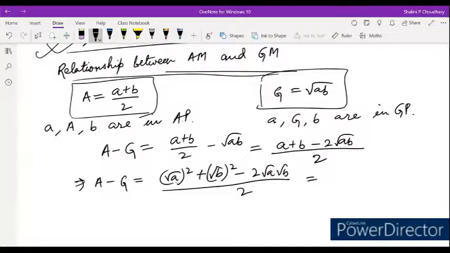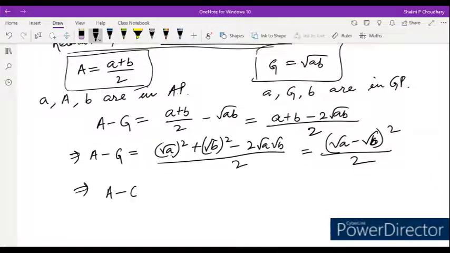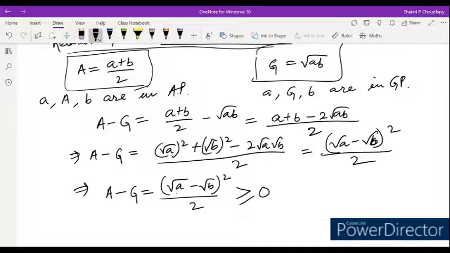Now x square plus y square minus 2xy is the formula for x minus y whole square. So A minus G is equal to square root of a minus square root of b, whole square, divided by 2. This value should always be greater than or equal to 0. It can't be lesser than 0 because this is a square, so it can't be negative.